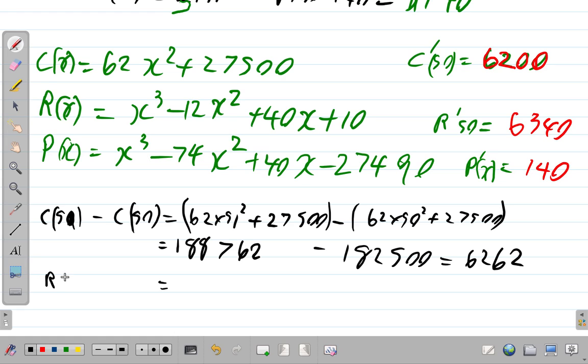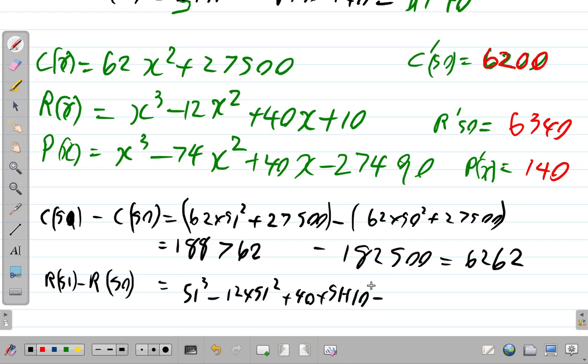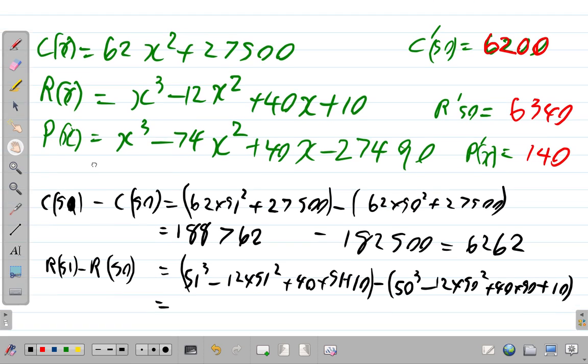The revenue at 51 minus the revenue at 50 would be equal to: revenue at 51 would be 51 cubed minus 12 by 51 squared plus 40 by 51 plus 10, minus 50 cubed minus 12 by 50 squared plus 40 by 50 plus 10. So let's work it out.